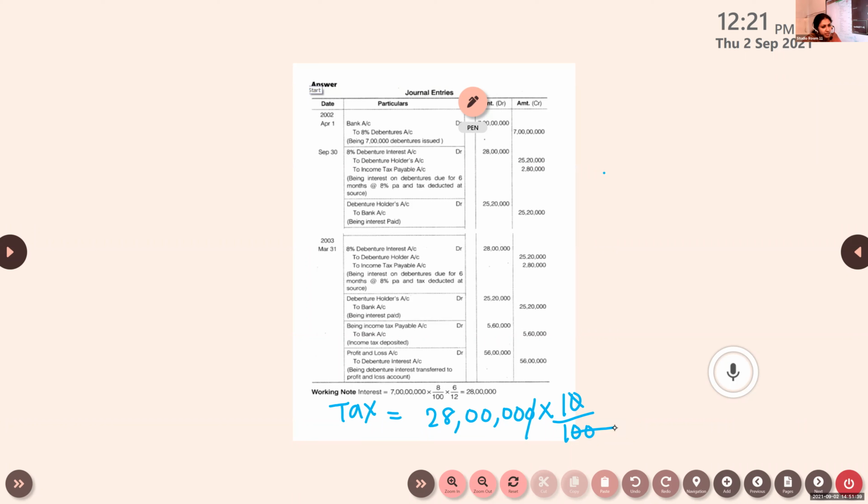Are they considered as fictitious assets? Let me check. I'll let you know. Okay, they are intangible assets, and something else? Anything else? Preliminary expenses, deferred revenue expenditure. These are all the fictitious assets.